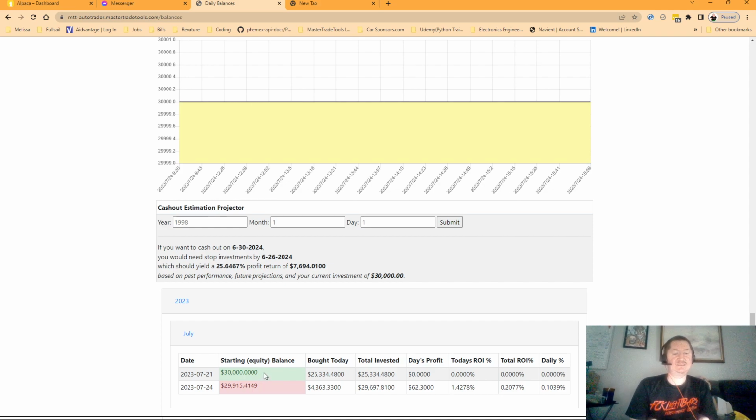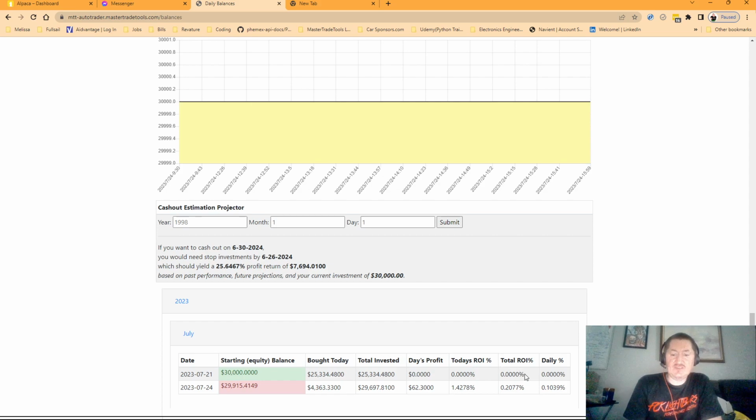So if you invested $30,000, it would take your profit and divide it by, scratch that. This is actually calculated by taking your day's profit against how much you bought that day. So it gives you an accurate representation of the percentage that you've made based on what you just bought today.